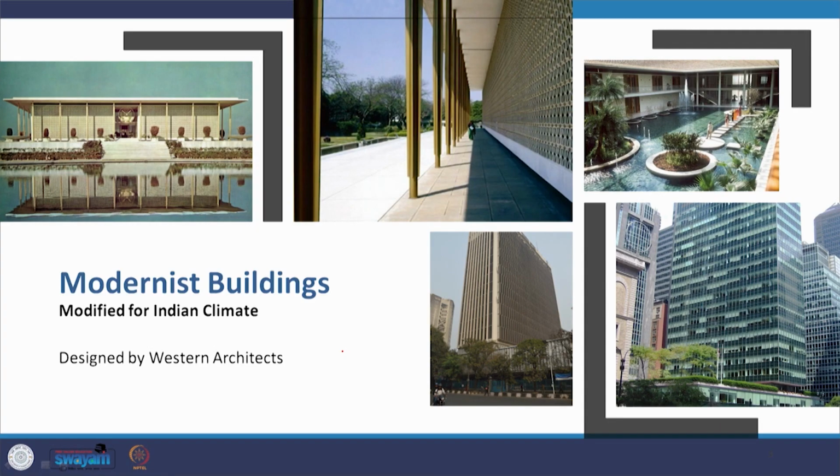Now these are modernist buildings we saw last time, modified for Indian climatic conditions, the US Embassy and the building by Holabird and Root, the Tata Center. So these are modernist buildings modified for Indian conditions.